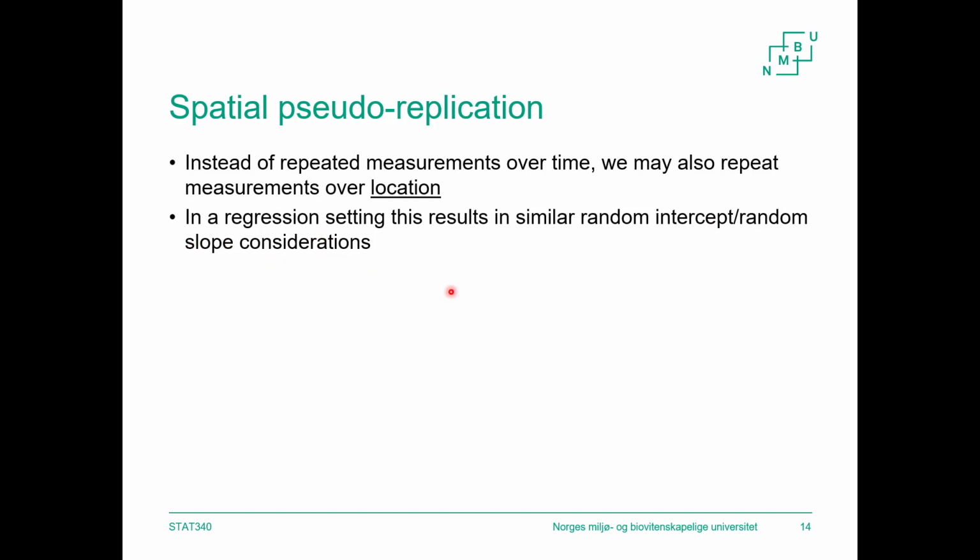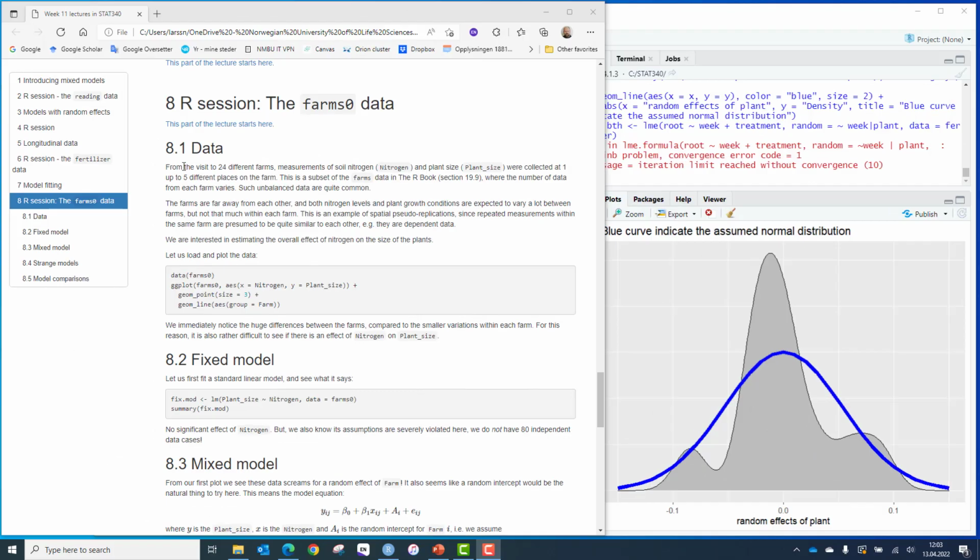So I will now have a look at this other example, which is also from the R book, with plant growth and nitrogen measurements from some farms. Well, let's finish by this farms 0 data. And actually in the R book, the data set is called farms. This is a subset of that data set.